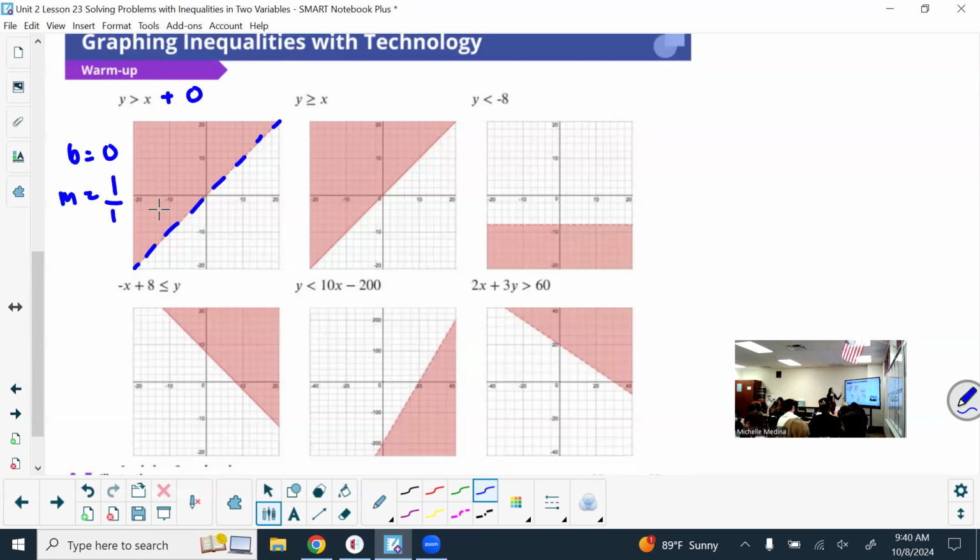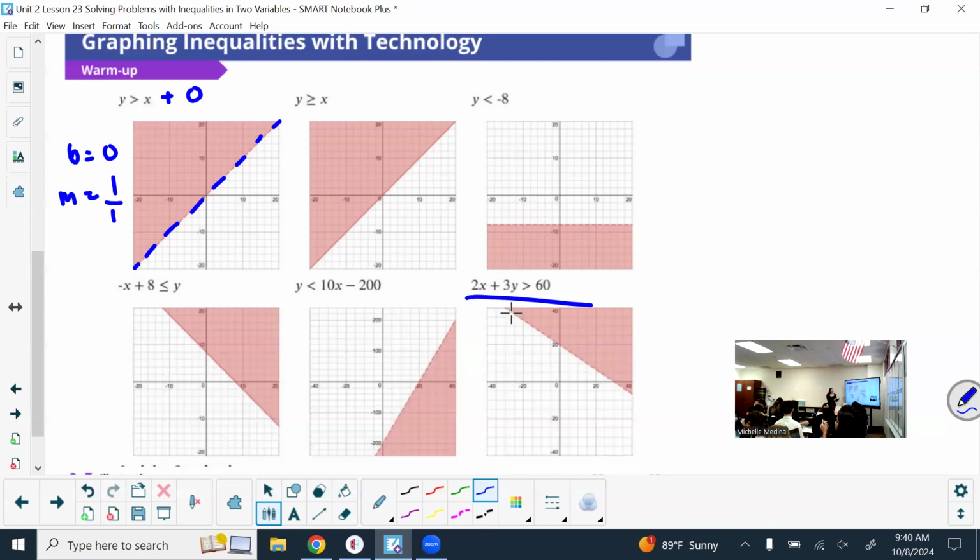So even if it's not in slope-intercept form, on your test, you might have the inequality and have to match it to the right graph, or you might have the graph and have to match to the right inequality. The solid versus dash, you can tell even if it's not in slope-intercept form. Like this one down here.